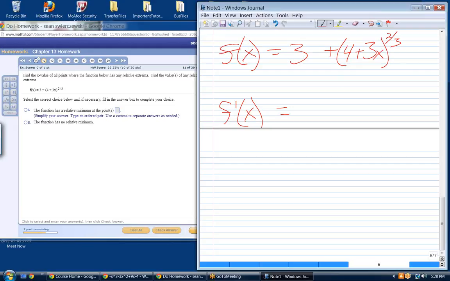You're going to need to use the power rule and the chain rule together. So let's apply the power rule first to the outside. This goes to 0. In other words, when you take the derivative of any constant, it goes to 0. What's the derivative of that?